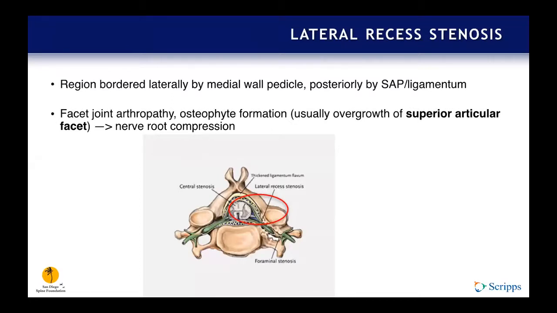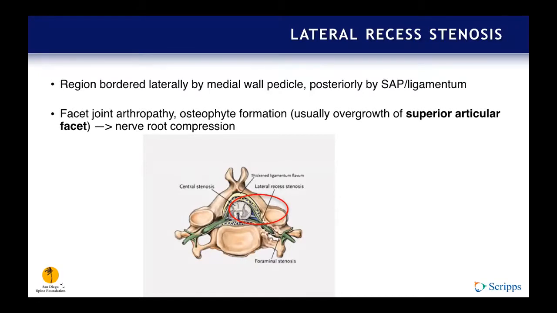So the anatomy of the lateral recess: it's bordered laterally by the medial wall of the pedicle, posteriorly by the superior articular process and the ligamentum flavum, and medially by the lateral aspect of the dura. Most commonly, if there's any sort of facet arthropathy causing overgrowth or osteophyte formation from the superomedial aspect of the superior articular process, you can see in the image how this can cause some irritation or compression of the nerve.